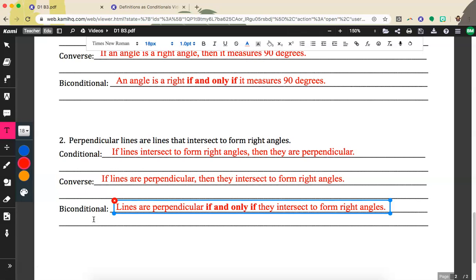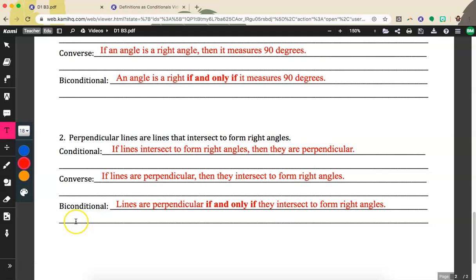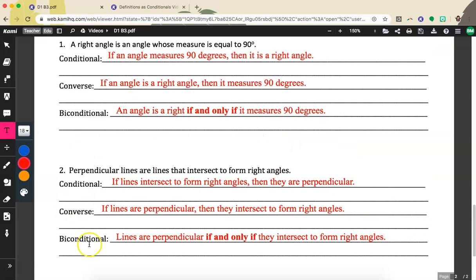If I reversed it and I say, if you are an incoming freshman, then you are a student in this summer school class, well, that's definitely not true because you guys are only a tiny portion of our incoming freshmen, and there's plenty of freshmen that are not in this class, right? So I cannot write it biconditional for that statement. Okay, so they're not always going to work. You can only write the biconditional if both the conditional and the converse are true. Okay, and then you'll have a practice worksheet to do more statements just like this.